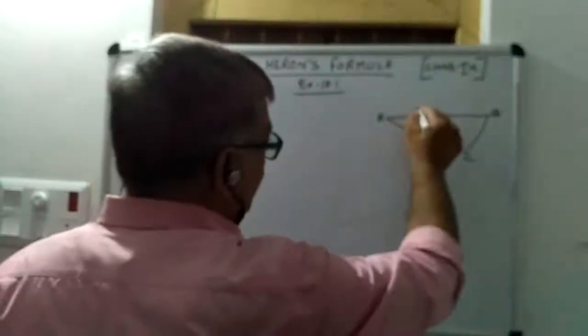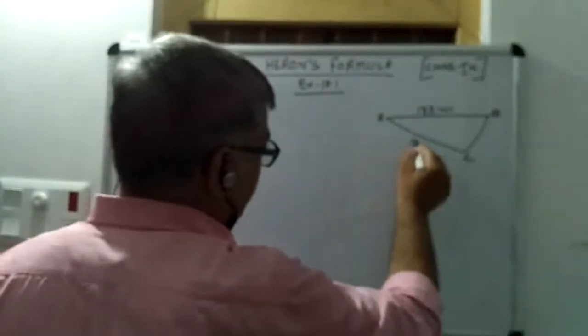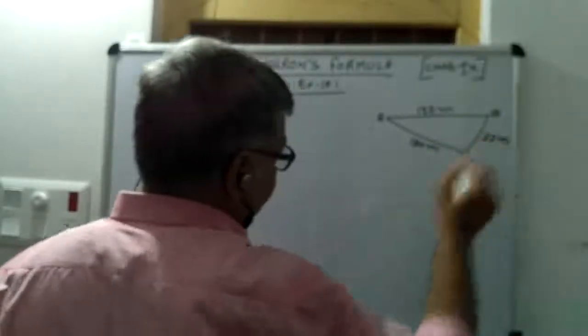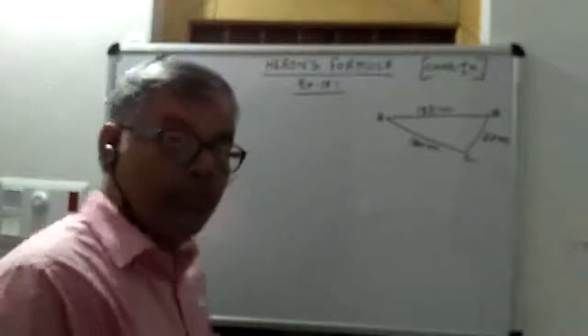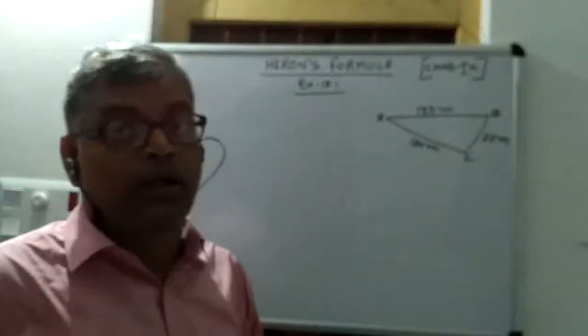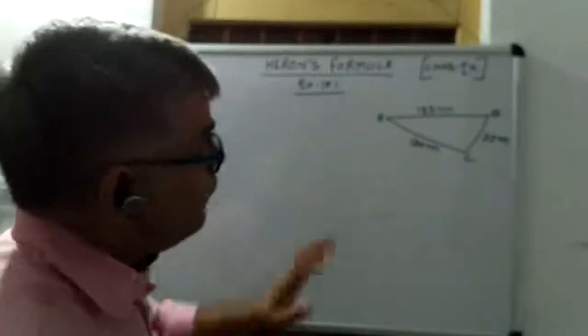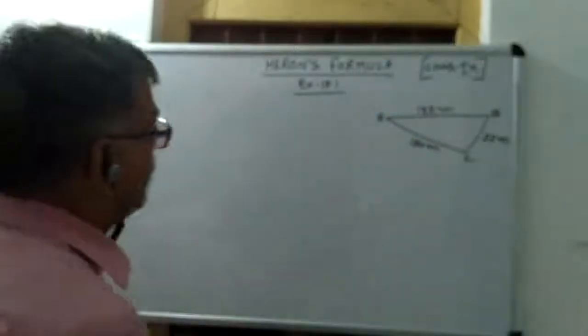One side of the wall is 122 meter, one side 120 meter, and this side 22 meter. This is the length of the wall. So our first thing is to calculate the area of this wall which the company hired for the advertisement.